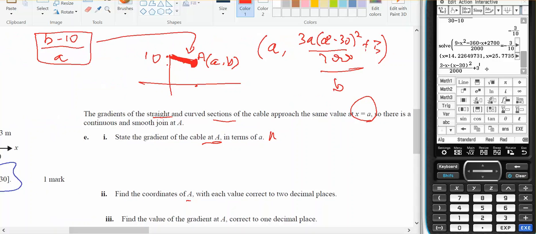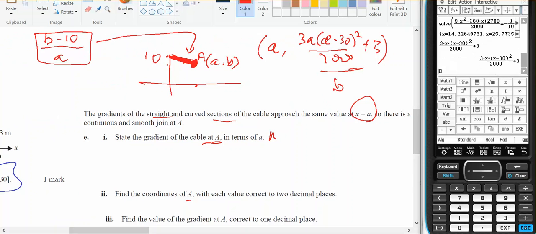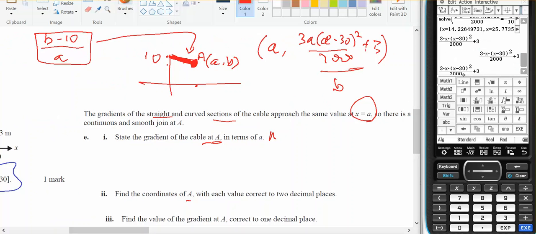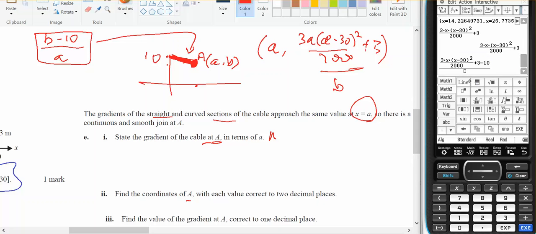So I wish to have B, which is that, minus 10 all over A, which I'm going to call x in this particular case.